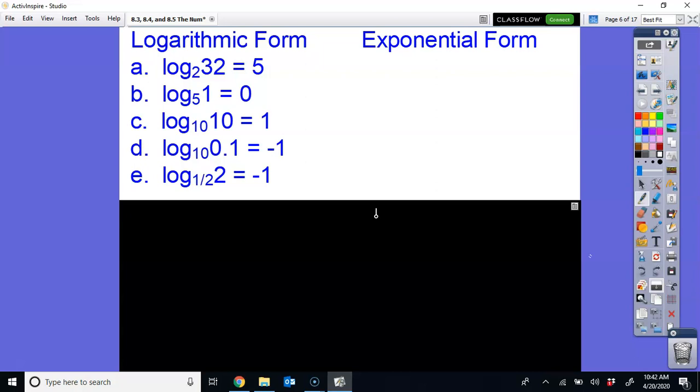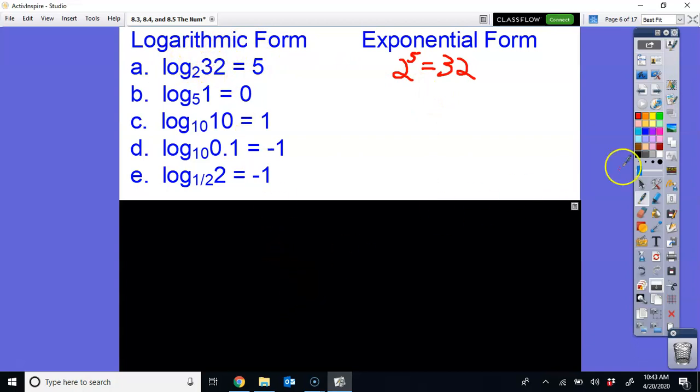So what does the definition of a logarithm say here? It says this base raised to this exponent equals this number. So let's rewrite that. 2 is the base, raised to the 5th power, that exponent, equals that number inside the logarithm. 2 to the 5th power is 32.